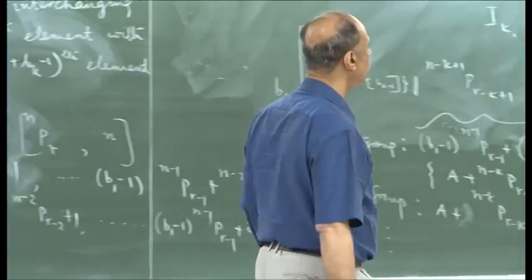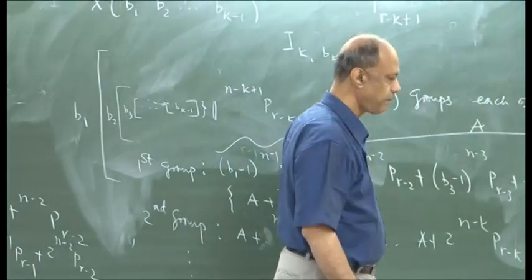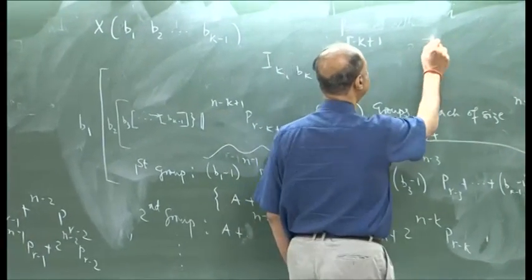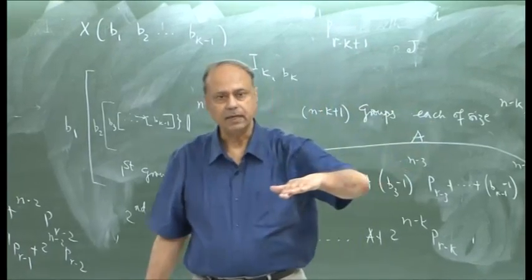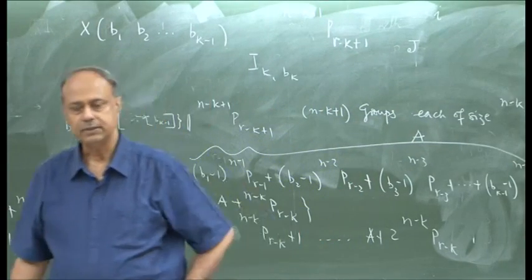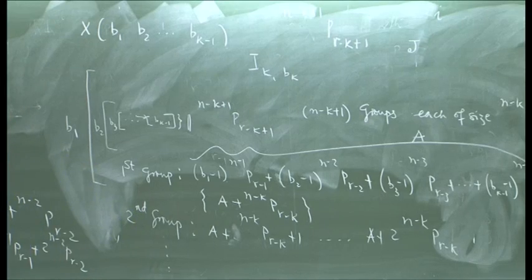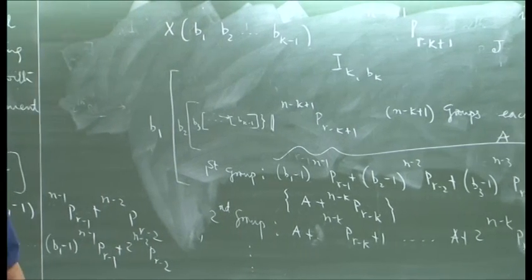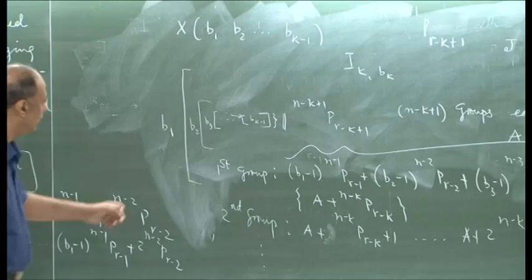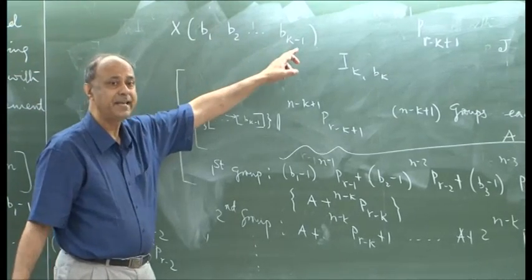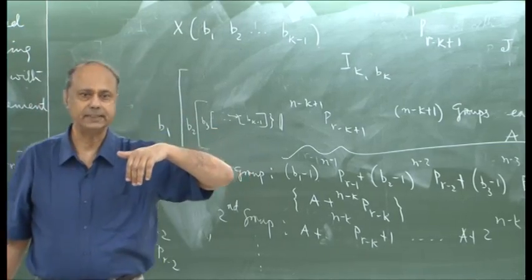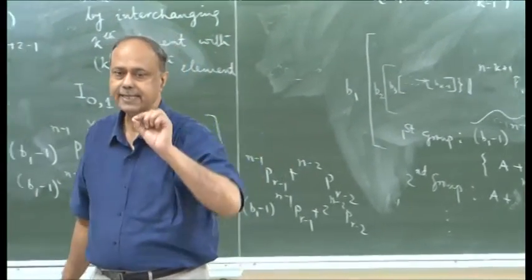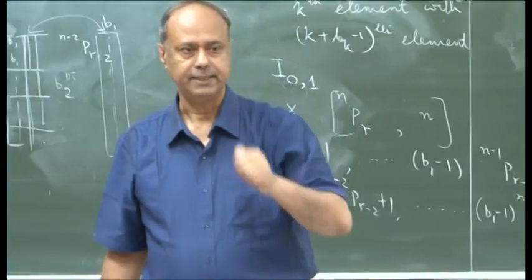So let us assume that j is the serial number of the ith row when you have performed b1, b2, up to bk minus 1. That means after k minus 1 iterations, j is the serial number of i.